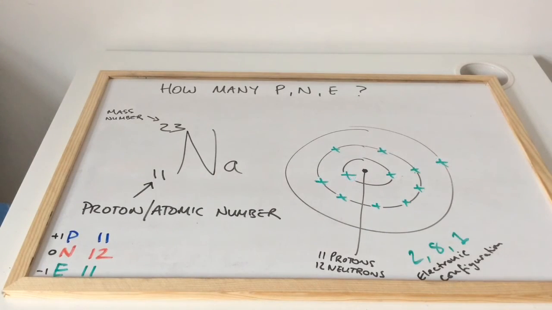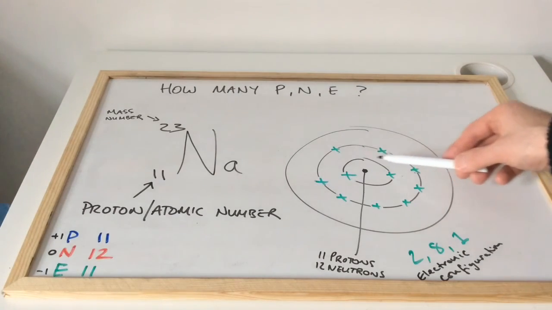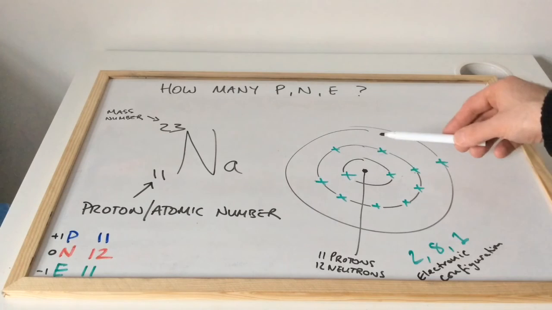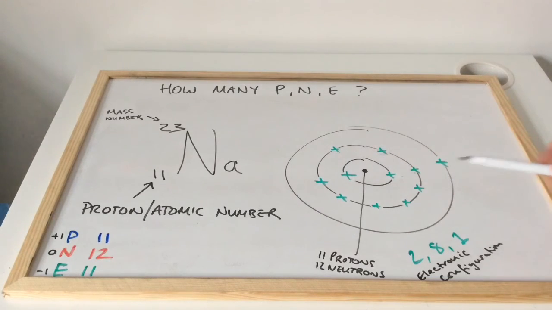You can see I've changed the electrons from capital E's to crosses, because when we draw diagrams like this, we use crosses to represent the electrons. You can also see that I've written up the electronic configuration, we call it, for sodium. So it's 2, 8, 1. That means 2 in the first shell, 8 electrons in the second shell, and 1 in the third shell.